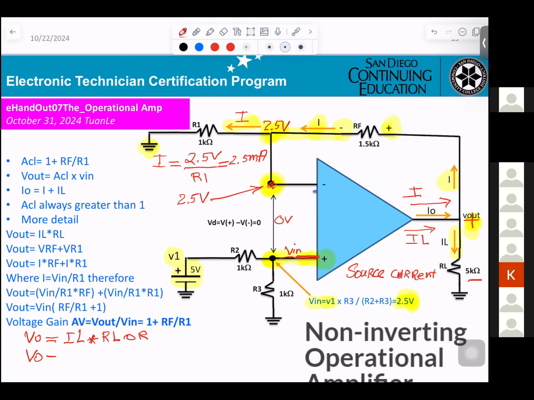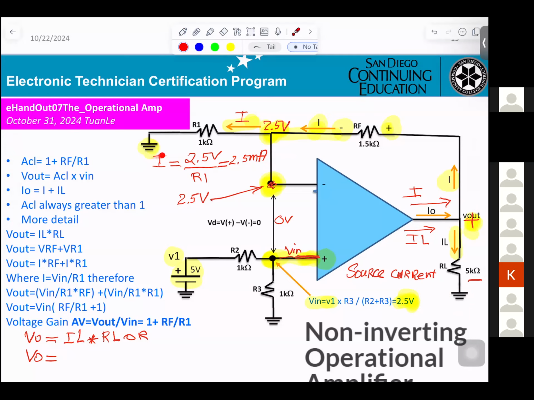VL equal... who knows? Who can tell me? VL means you measure from the output to the ground, correct? Correct.